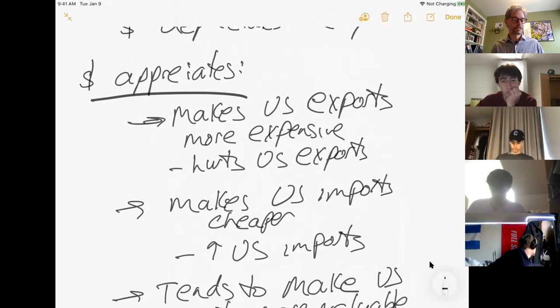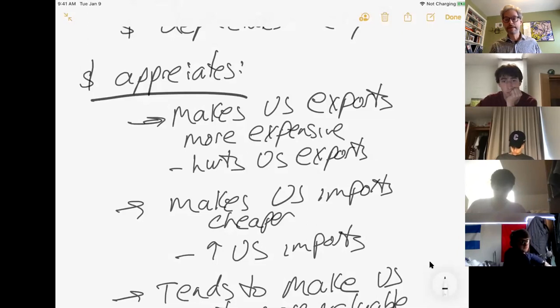The main thing I don't want us to fall into is this trap of thinking that somehow it's good if the dollar always goes up in value, or it's bad if it always goes down in value. No, it's neither good nor bad. It's just a price, right? And when prices go up, that helps some people and hurts other people. And when prices go down, it helps some people and hurts other people, right?